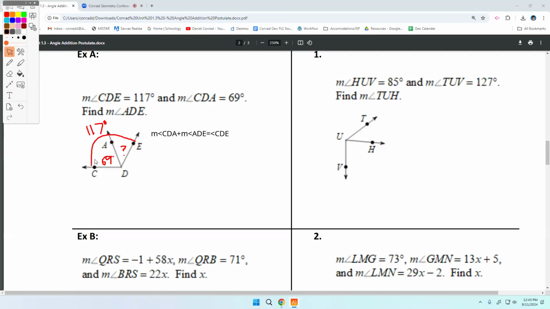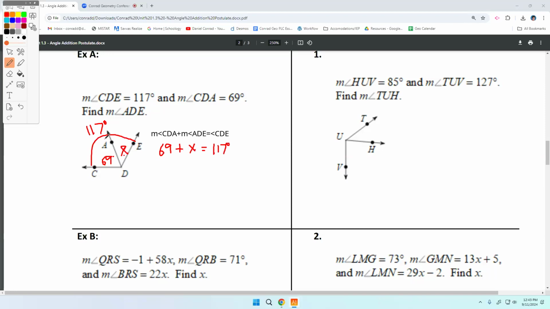The first one plus the second small one adds up to the big one, CDE. Now I can substitute in. CDA is 69 degrees, plus, we don't know this one, measure of angle ADE, I'm just going to put X, equals measure of angle CDE, which is 117 degrees.